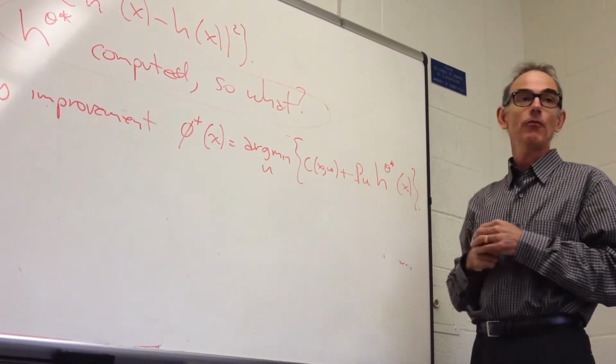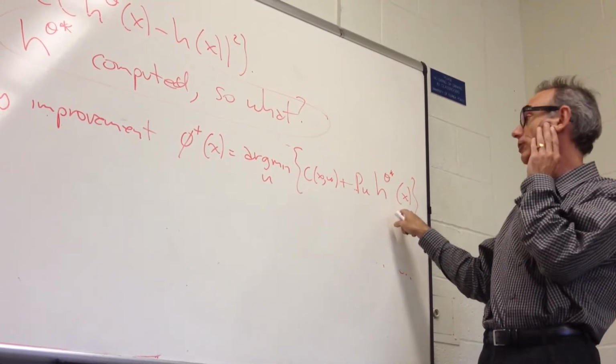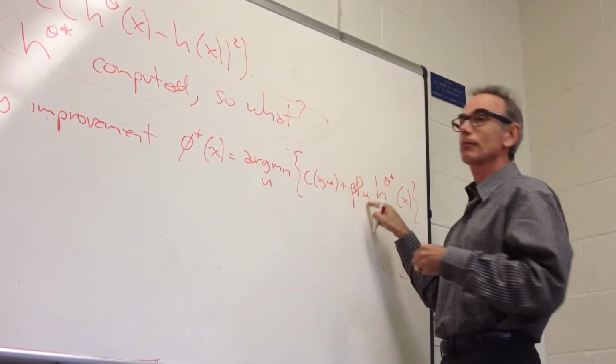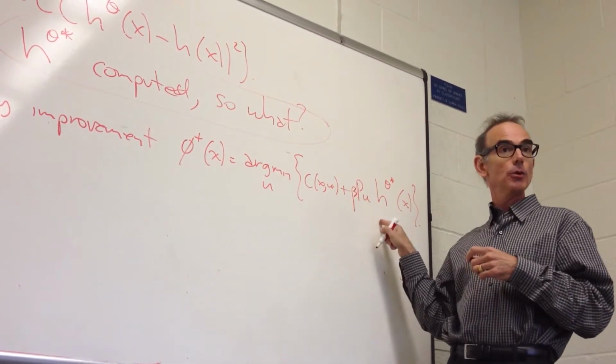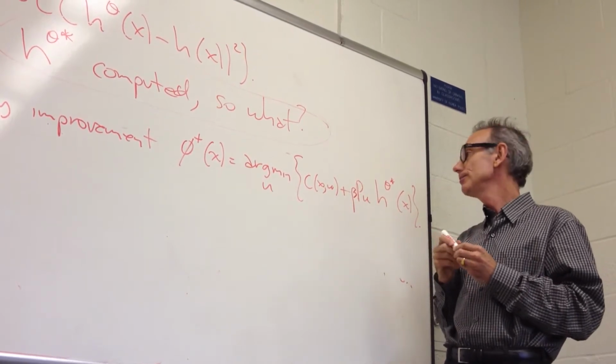This is what I claimed before, that given an approximation to the value function, oh, there's a beta missing. This is how you would do policy improvement for a discounted cost.